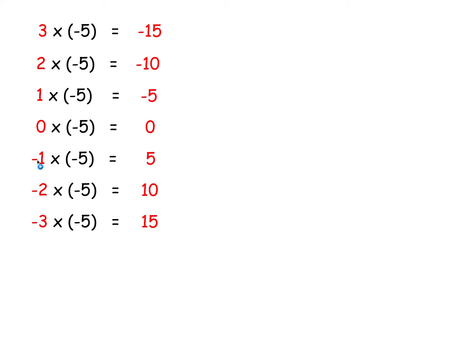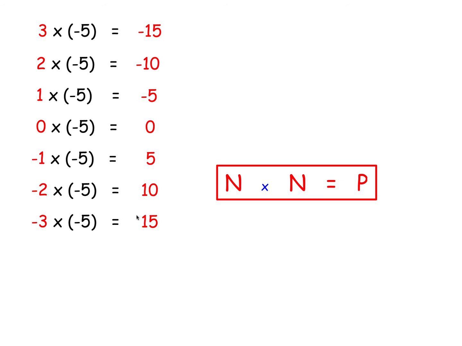And what we've got here is we're multiplying a negative and getting a positive answer. Negative 3 times negative 5 is positive 15. Result, if you multiply 2 negatives, you get a positive answer. So it's from the sequence, we've got 1 less negative 5 each time down this column, so our answer became 5 more each time and resulted in 2 negatives multiplying to make a positive.